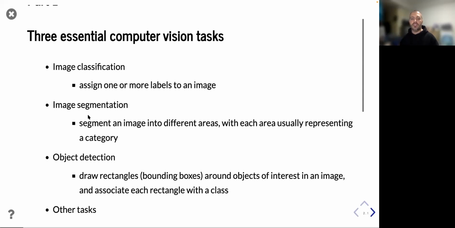So this is a real life example of image classification. Image segmentation would be something like what I do right now, you see that my background is blurred. So what is actually going on is that my body is segmented and the background is segmented as another category, and that's why it can change the background or blur the background.